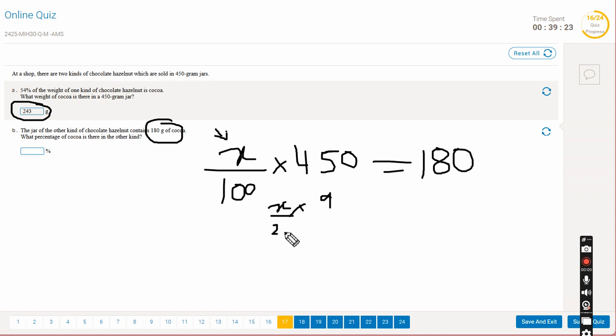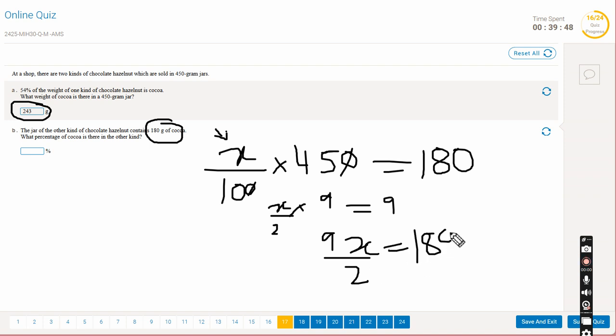You can cancel out the zeros, then you can divide by 5, so that will give you 9 and 2. Then 9x over 2 equals 180.